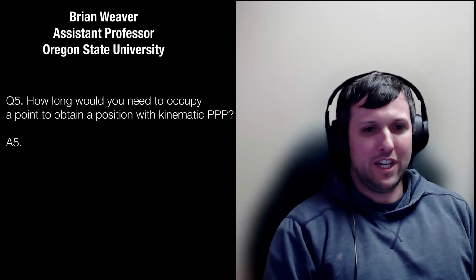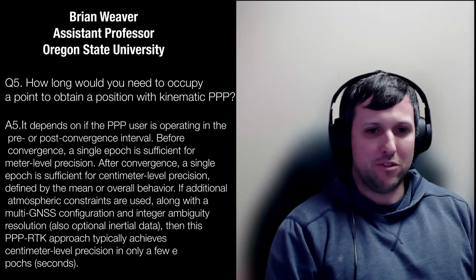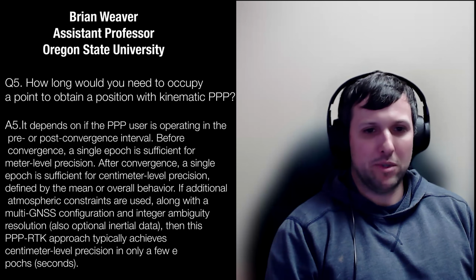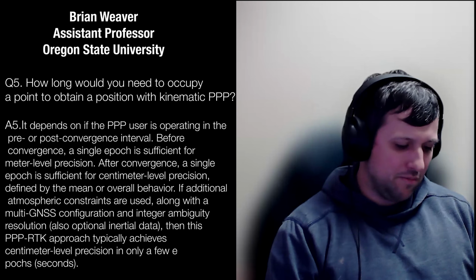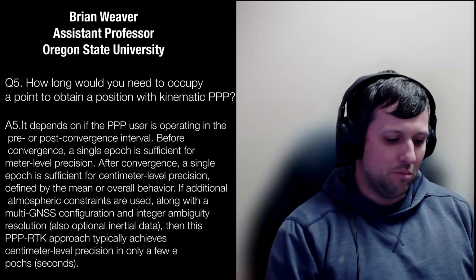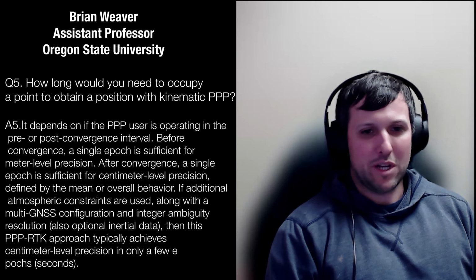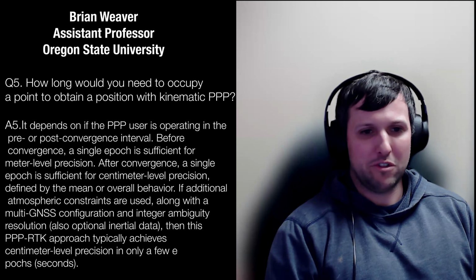But for PPP, we don't really know what those ambiguity values are at a high precision until we've accumulated enough measurements. And so to put numbers on that, typically the pre-convergence interval can achieve meter level, sometimes even several decimeter level precision. And then after the convergence period is achieved, we can get down to that centimeter level precision.